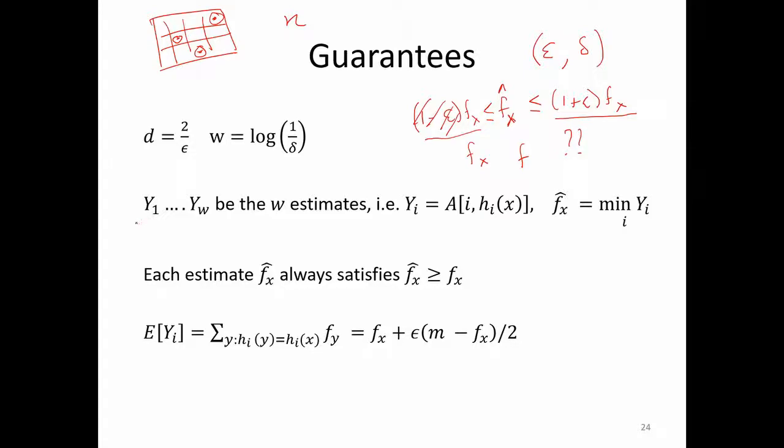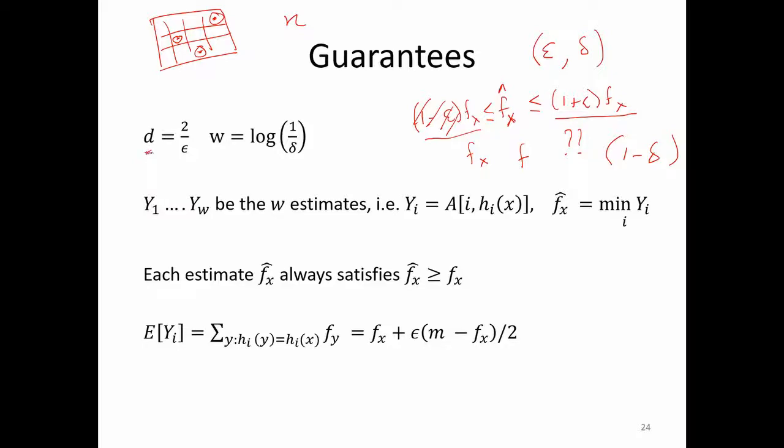And this should hold with probability 1 minus delta. Whatever guarantee we get here should hold with probability 1 minus delta. So suppose we want this kind of a guarantee, then we design the sketch like this.